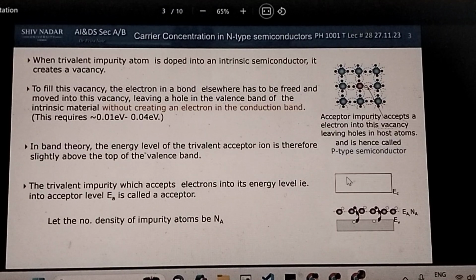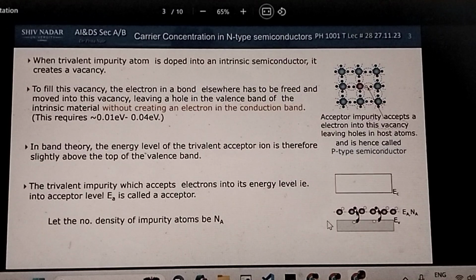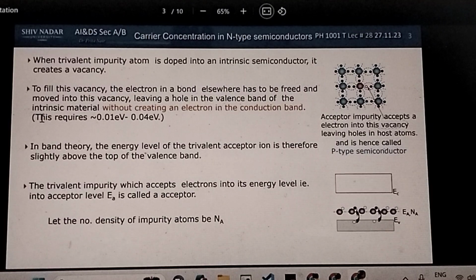Because this electron from the valence band moves into this vacancy, again the energy required is very little. It is 0.01 to 0.04 electron volts. So obviously we can understand that this energy level EA lies very close to the valence band.